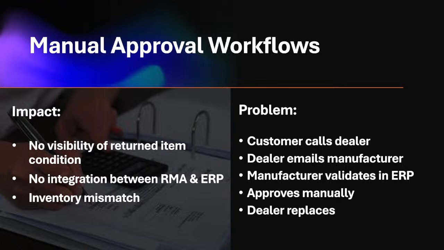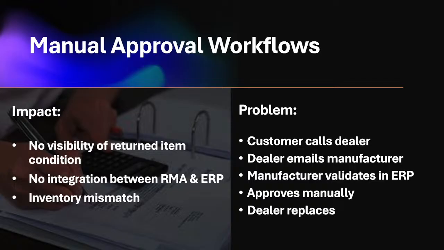Then the manufacturer manually goes through spreadsheets or maybe enters the details in the ERP system, and by the time they finally get to that, all of this has already taken around 1 to 2 weeks, right? That is a very long time.